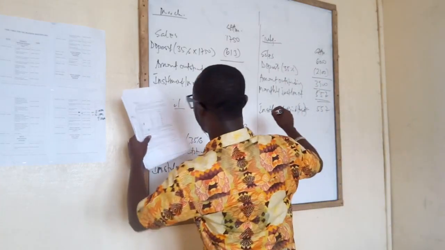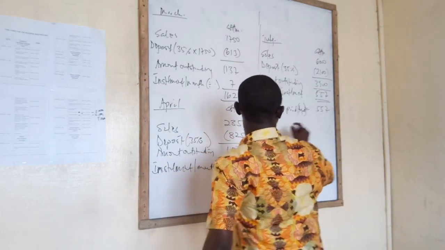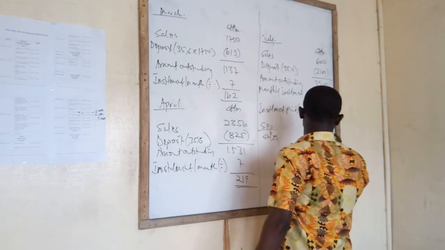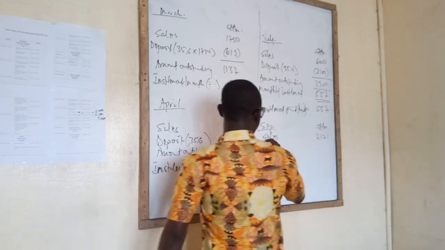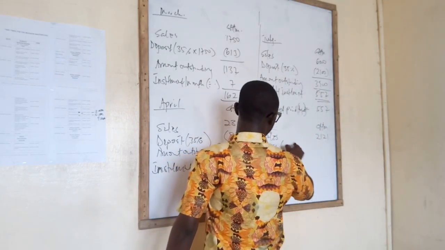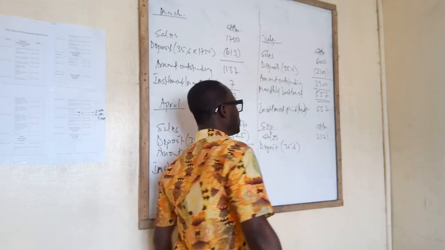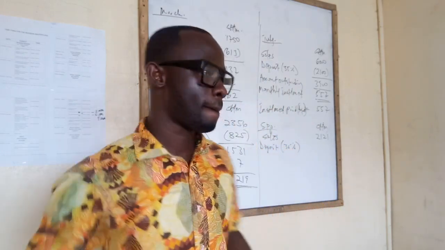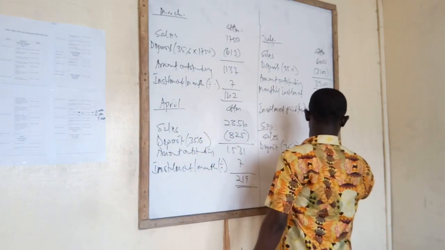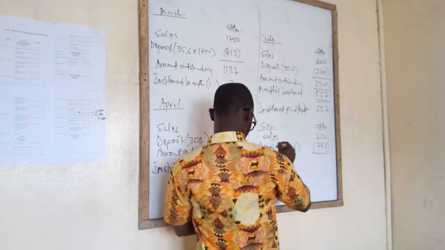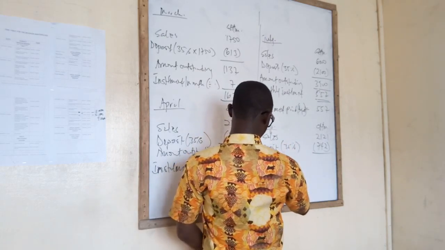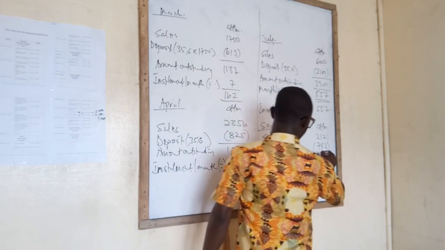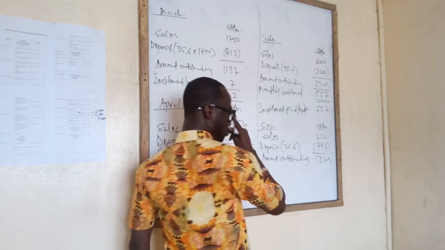But let's go to the next one. September. What is September sales? 2121. Deposits, 35% of that. 742. Amount outstanding, 1379.